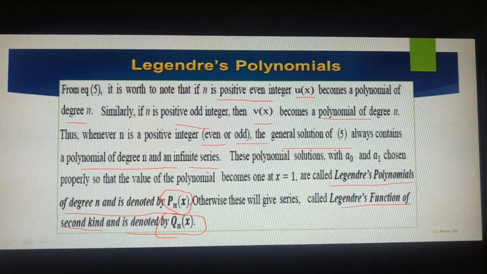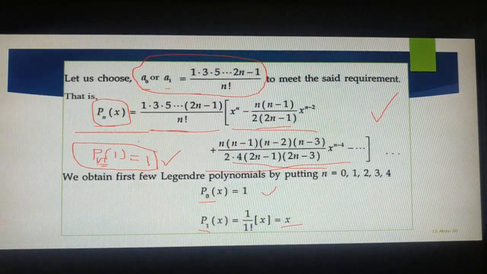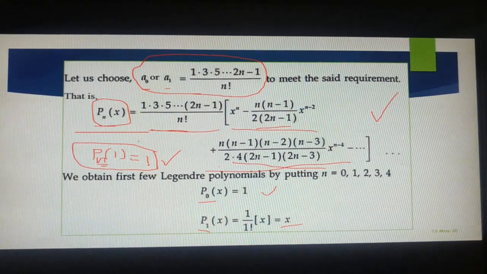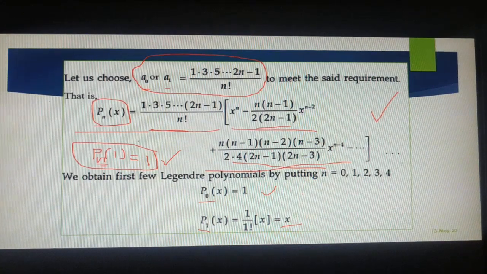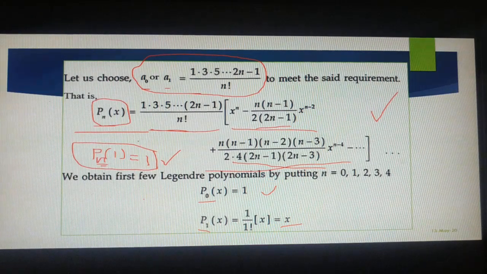We'll represent Legendre polynomials in this form, Pn of x, which equals this particular result. And the peculiar result here is that Pn of 1, that is P1 of 1, P2 of 1, any polynomial order at 1, equals 1 only. We have to check in that way, and only then can we call those polynomials Legendre polynomials.